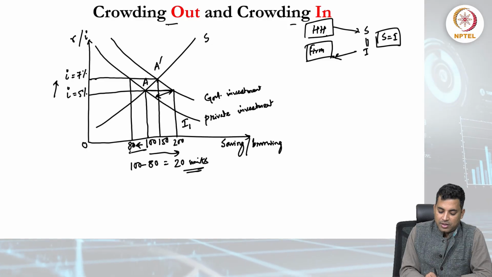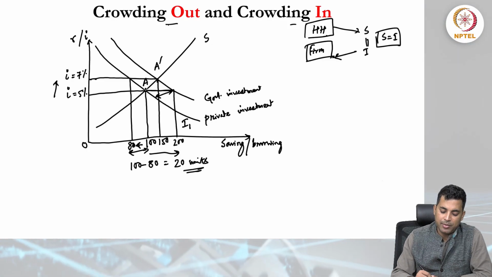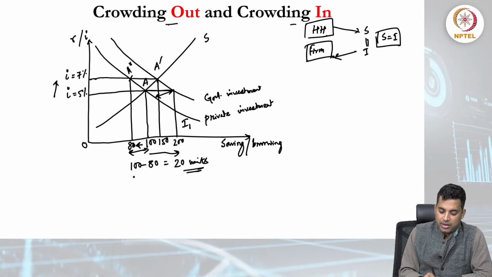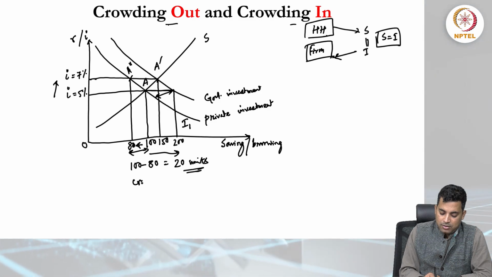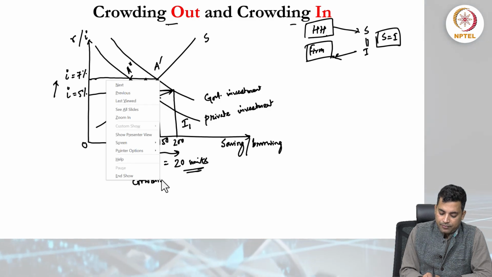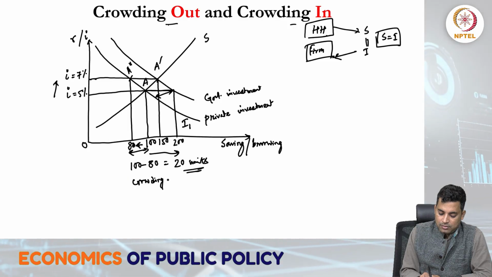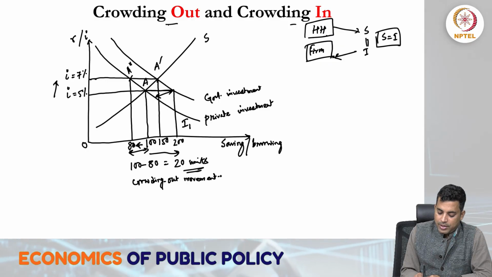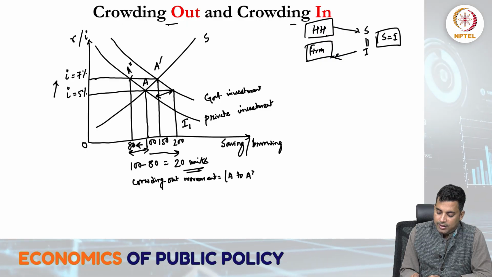So this particular crowding out that we are talking about, this movement from A to A double dash, is the crowding out movement.